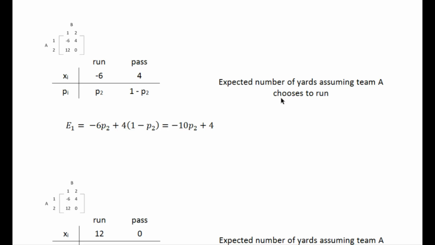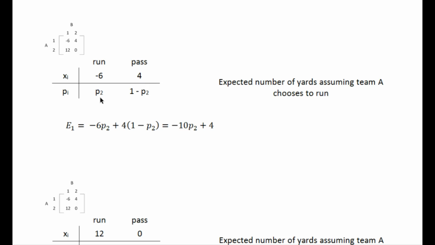So when it looks like we're finding the expected values for Team A, notice we have -6 and 4. It looks like we're looking at Team A, and in fact we are, because when we're computing the expected values for Team B, we're basing that on what Team A does. If Team A chooses to run the ball, our numbers are -6 and 4, and that's where we get the numbers for our expected value.